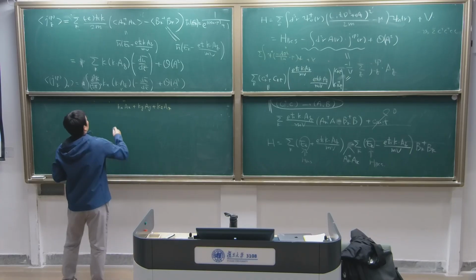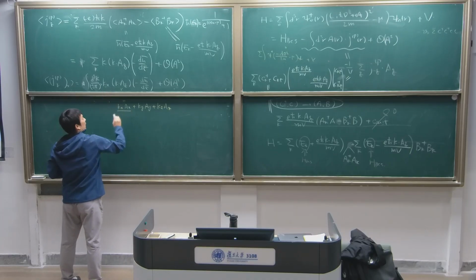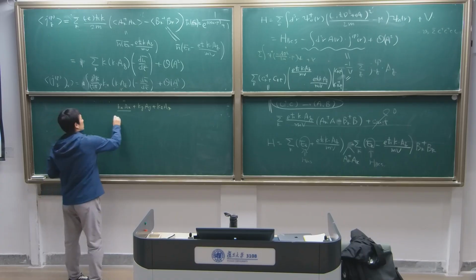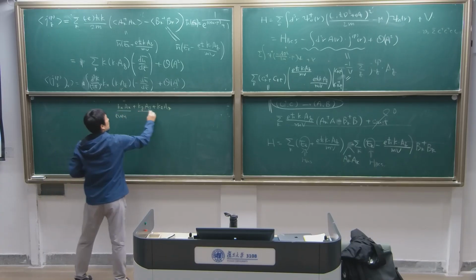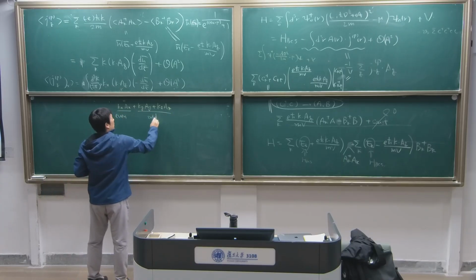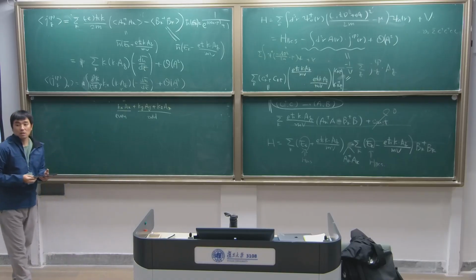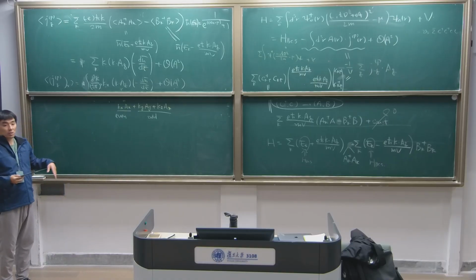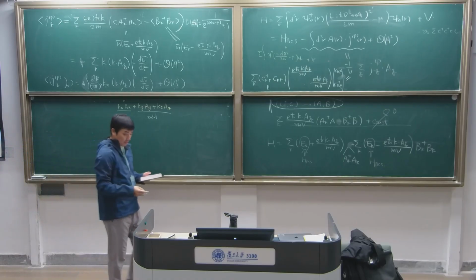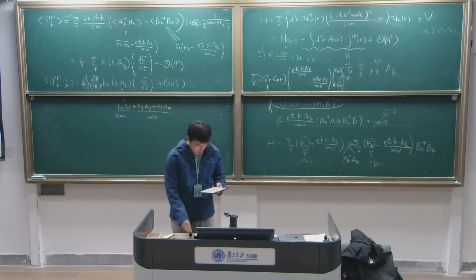So the only even part is k_x A_x. This is even, but these are odd integrals. Therefore, you can ignore the odd integral part and just look at the even integral part.